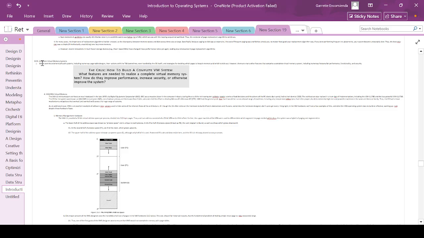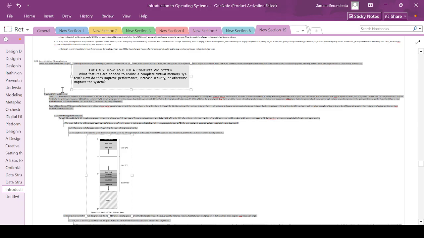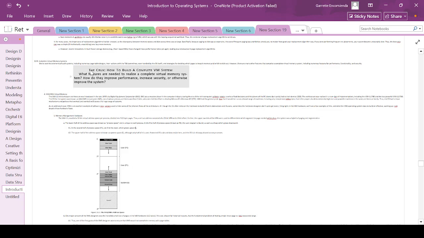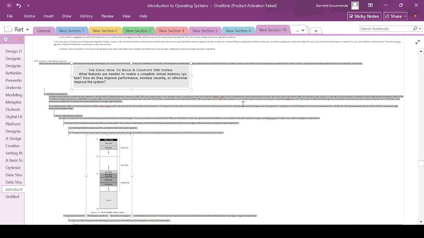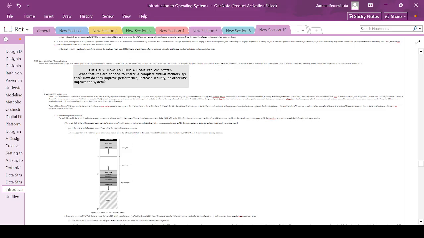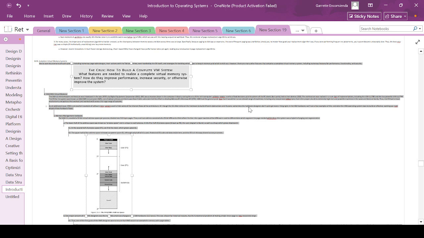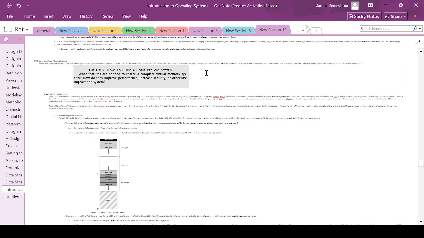Complete virtual memory systems. We've seen key elements of such systems, including numerous page table designs, interactions with the TLB, sometimes even handled by the OS itself, and strategies for designing which pages to keep in memory and which to kick out.